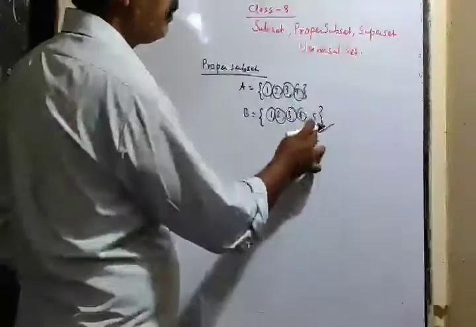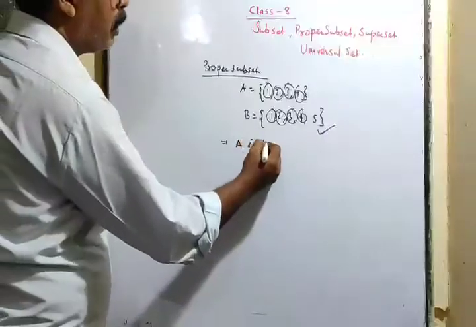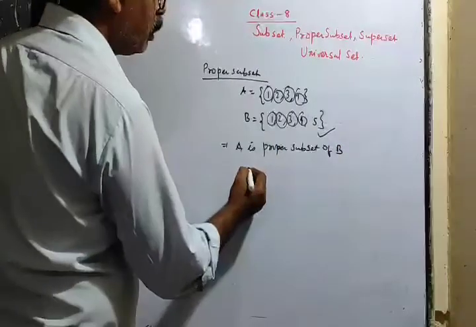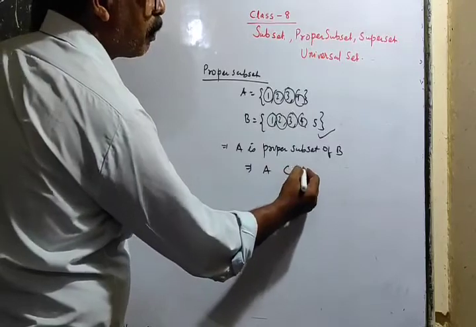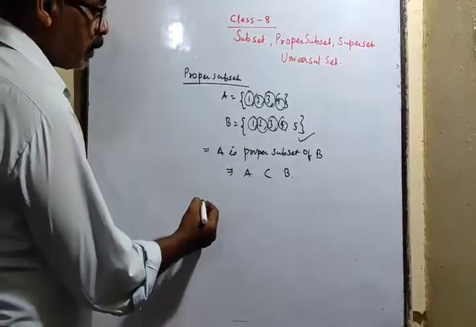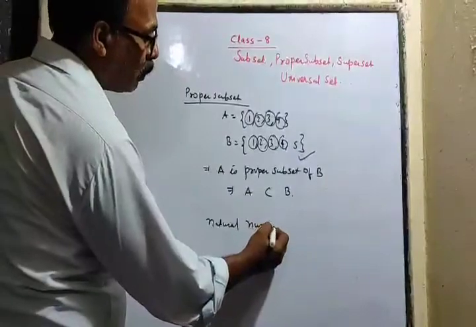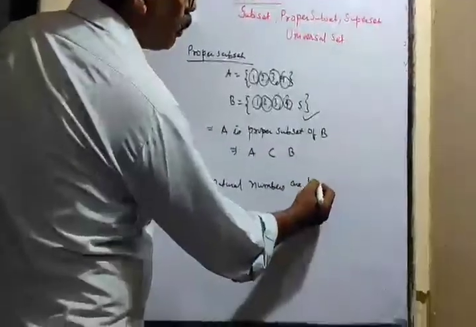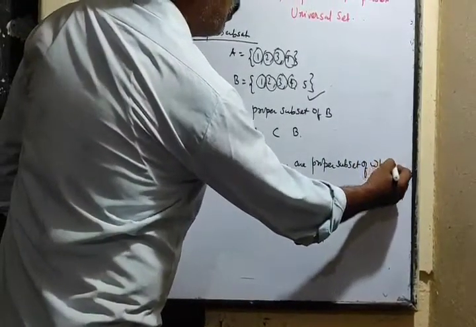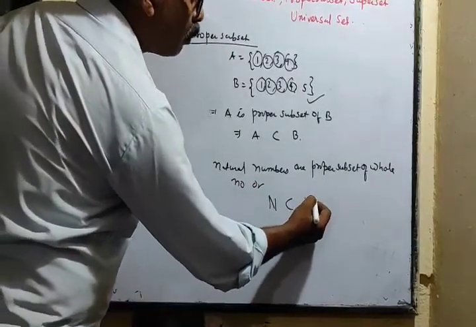But at least one member of set B is not present in A. So what we'll say, A is a proper subset of B, and we'll represent it as A is a proper subset of B. Similarly, we can say that natural numbers are a proper subset of whole numbers.